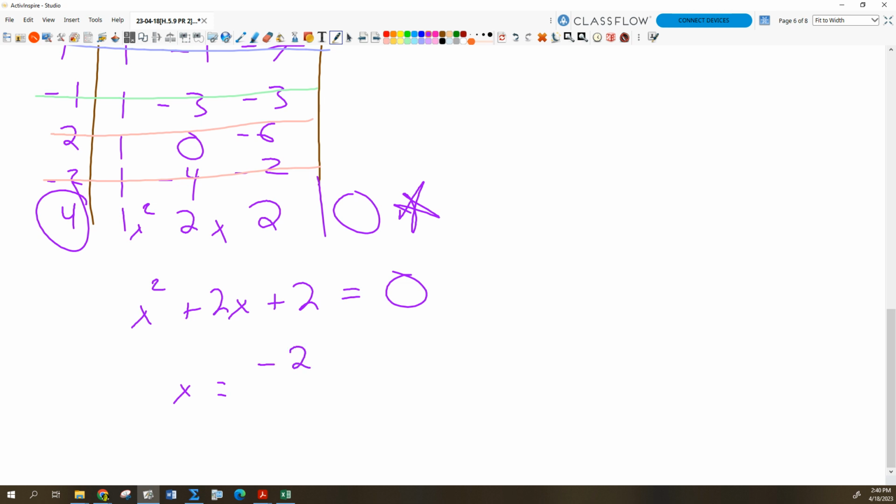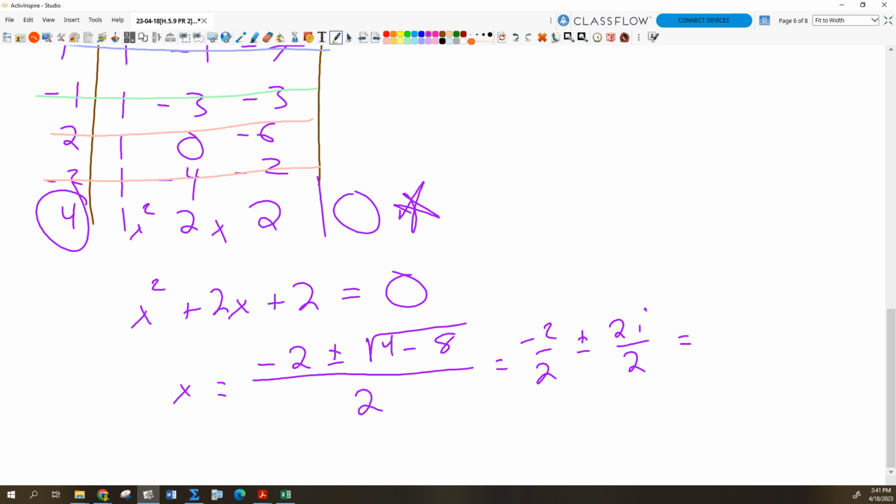So -2 plus or minus square root of 4 minus 8, 4 times 1 times 2. Good. So all over 2. Okay, so that's giving me, if I split the fractions up, -2/2 plus or minus square root of -4. What's that? 2i over 2. So then our solutions would be x equals -1 plus or minus i.